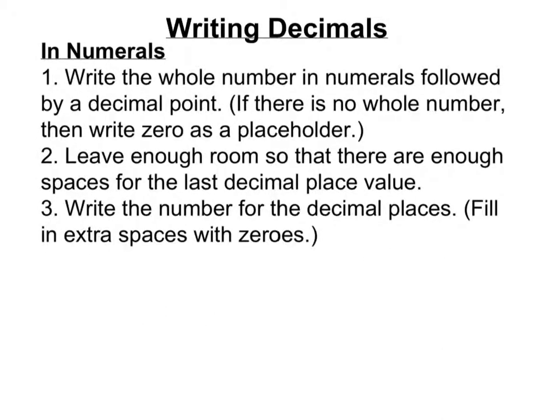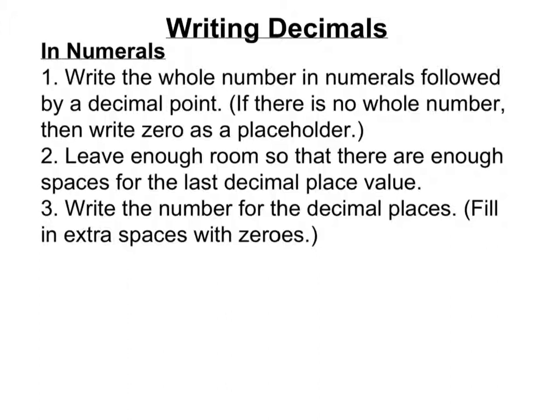To write a decimal in numerals, we're going to follow these 3 steps. Step 1, write the whole number in numerals followed by a decimal point. If there is no whole number, then write 0 as a placeholder. So if we remember back to what we just did, between the whole number and the decimal places we put the word AND.